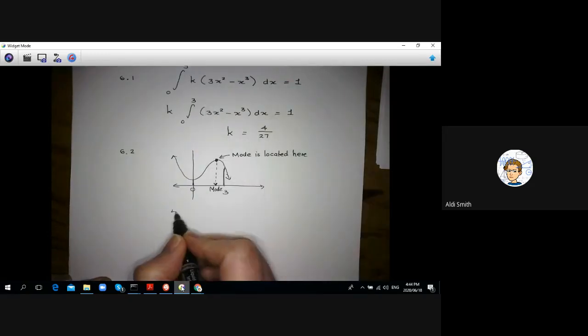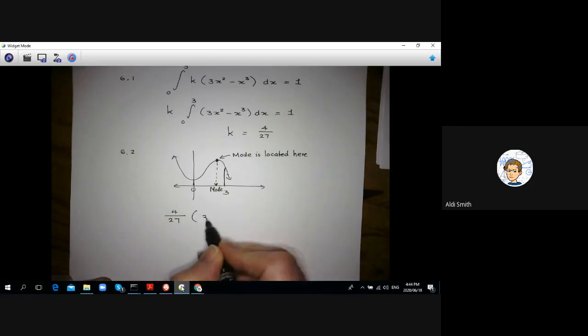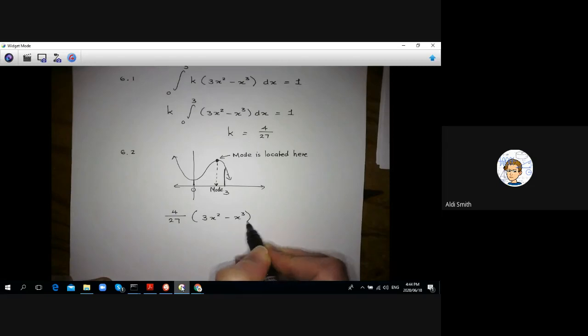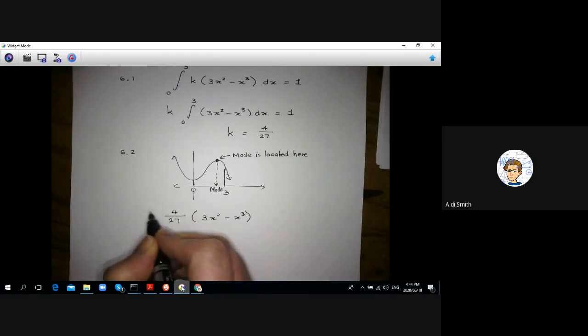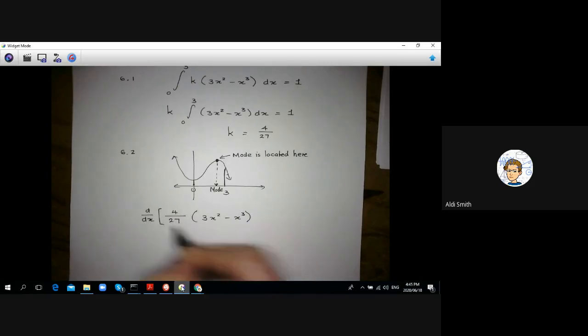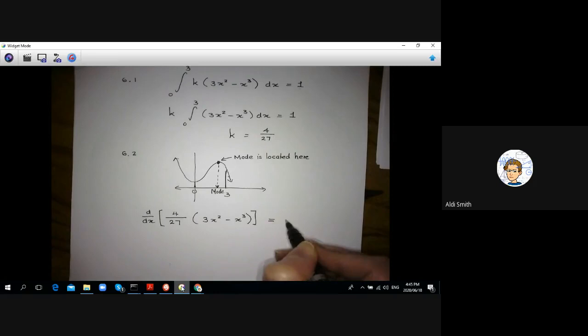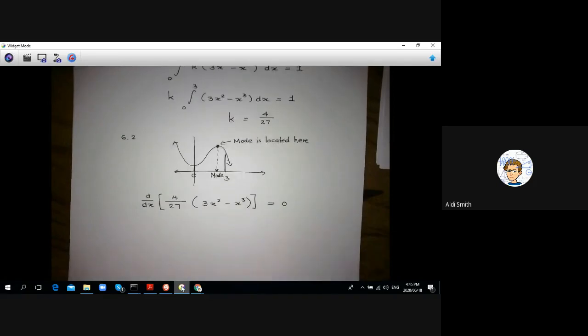So I'm going to say 4 over 27 times 3x squared minus x cubed, and I'm going to find the derivative of that and set that equal to 0, because that will give me the x value of the turning point.